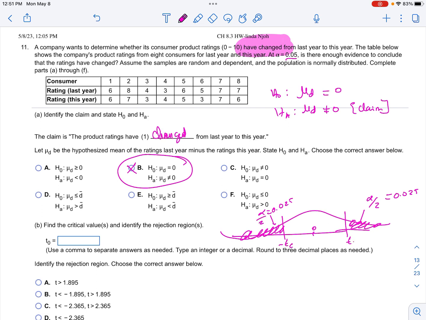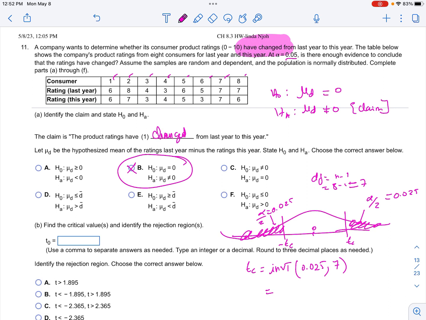My critical values come in pairs, so plus or minus inverse T, 0.025, area to the left, degrees of freedom 8 minus 1, it's giving me 7.